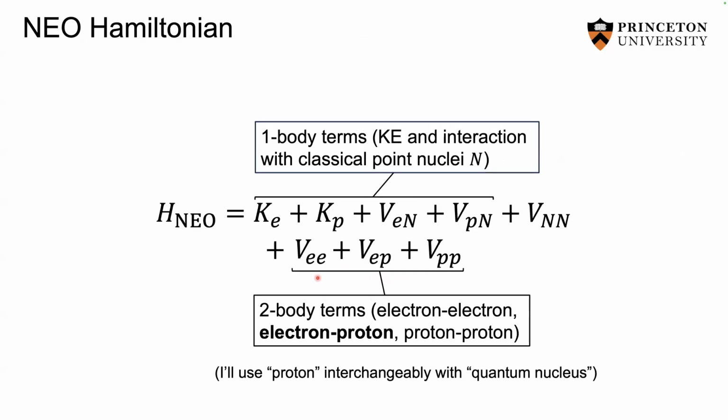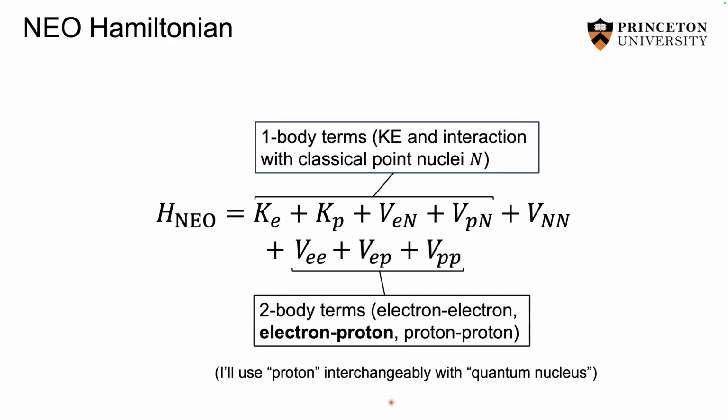In the NEO method, we have all of those things. We have the kinetic energy of the electron, the electron-nuclear attraction of the classical or the fixed nuclei. And then we have the same one-body terms for the proton. I should note that when I say proton, that's because usually the most relevant nuclear quantum effects are from the lightest isotopes, and so protons.